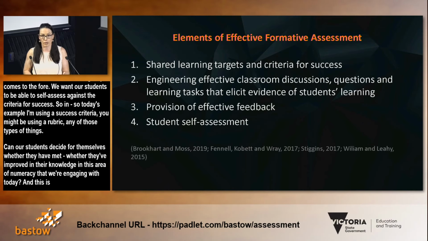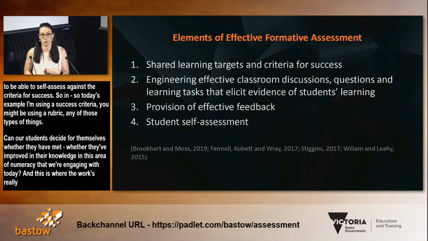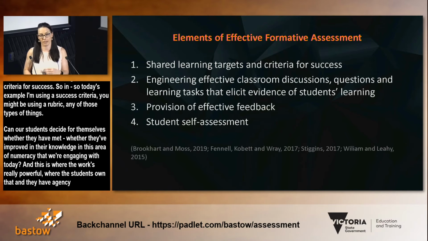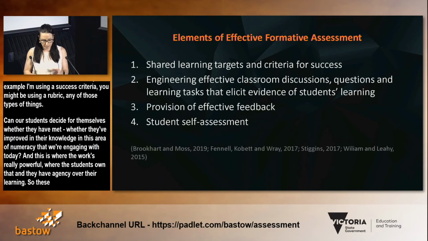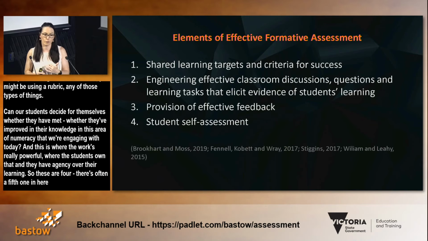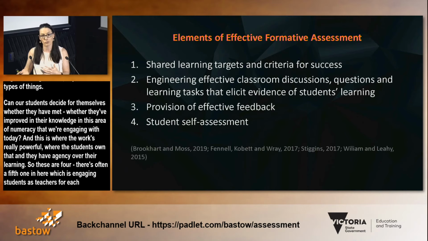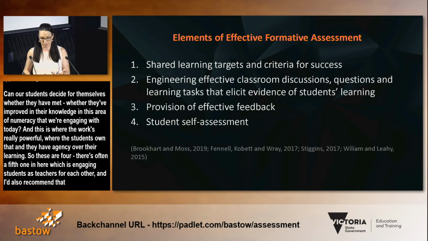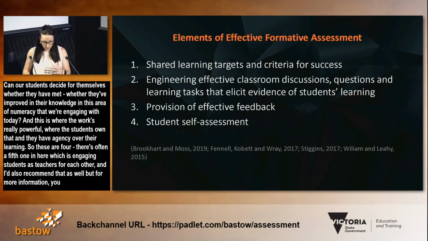And this is where it's really powerful, where the students own that and they have agency over their learning. So these are four. There's often a fifth one in here, which is engaging students as teachers for each other. And I'd also recommend that as well. But for more information, you know where to go.